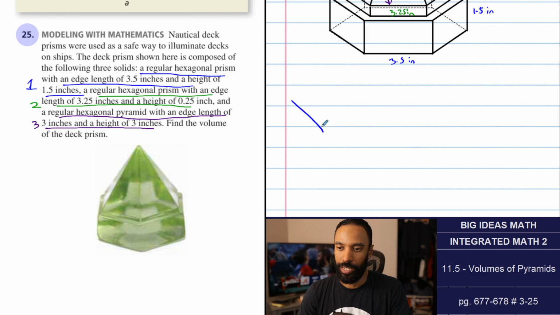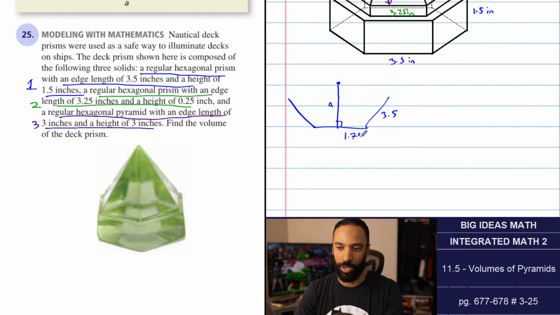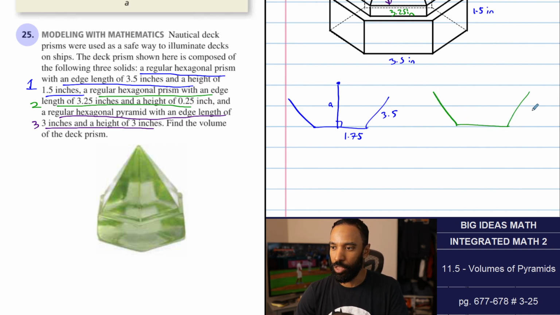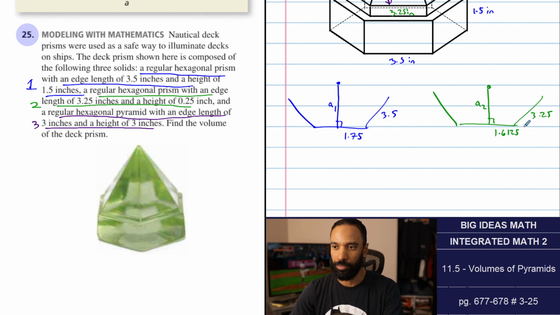So in object 1, if we're looking at the hexagon base, that 3.5 with the apothem and radius and stuff like that, if I divide by 2 with the apothem, I get 1.75. Now, with the second object, right here, where you have the 3.25, if I divide this apothem, remember they're different objects, a sub 2 and a sub 1 and all that, if you divide this one by 2, 3.25, you get 1.6125.